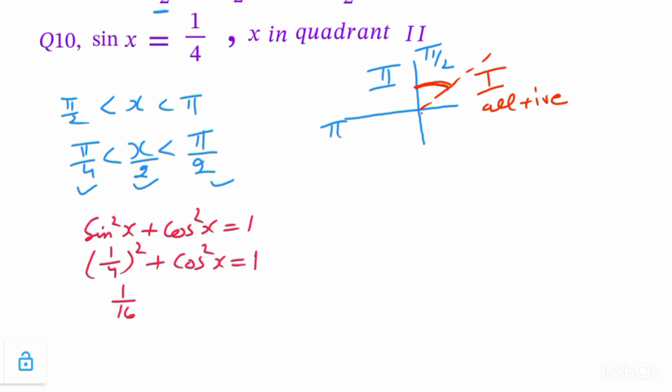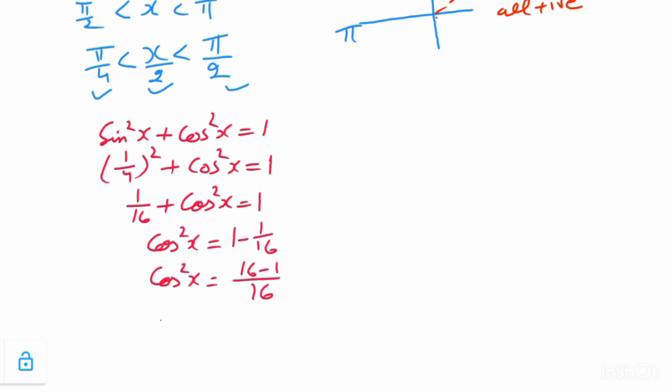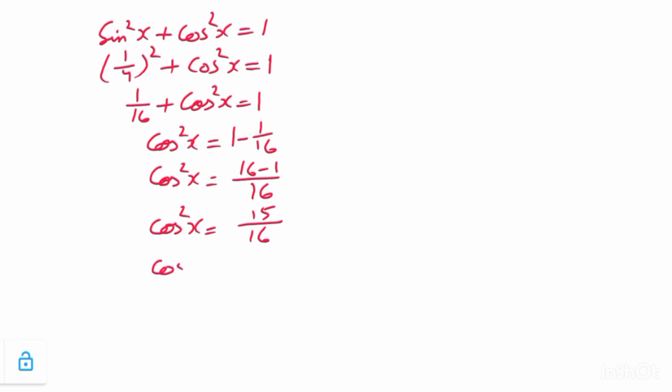This will give 1 upon 16 plus cos square x is equal to 1, or cos square x is equal to 1 minus 1 by 16, or cos square x is equal to 16 minus 1 upon 16, or cos square x is equal to 15 upon 16. Now on taking square root, we will get cos x is equal to square root of 15 over 16. This will give plus minus root 15 by 4.